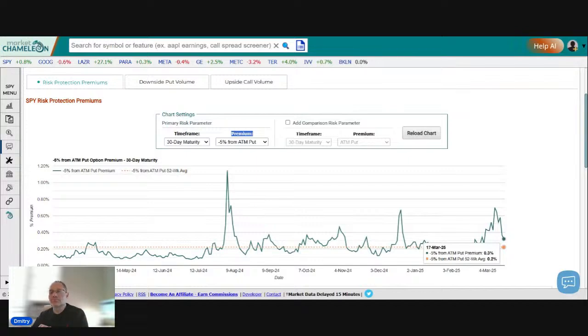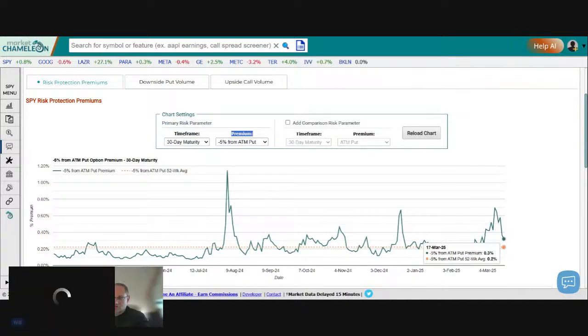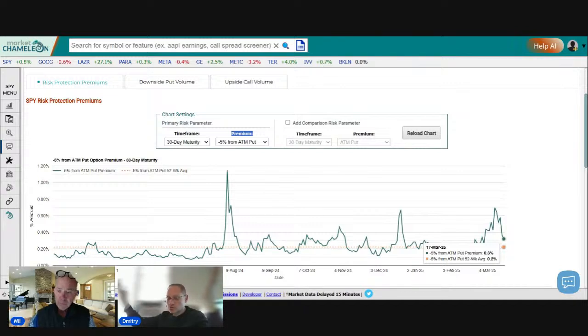And that's how this works, because if you're buying an out of the money put with a lower strike, that means you're taking a bigger risk. If you own a stock and you're buying it for protection, and the stock goes down 1% or 2%, that put doesn't cover any of that move.